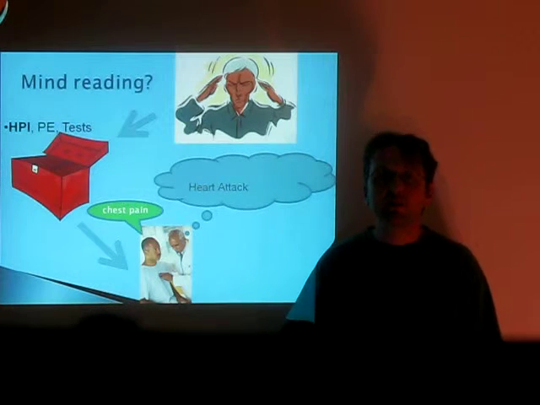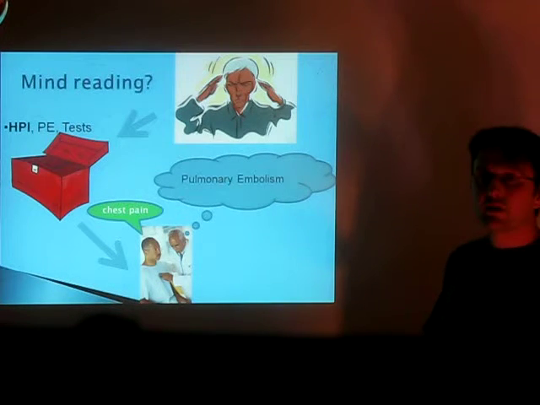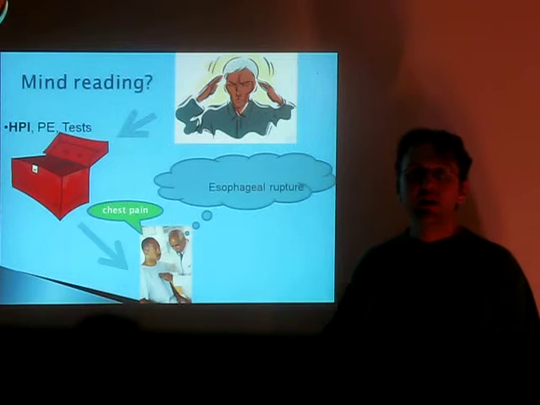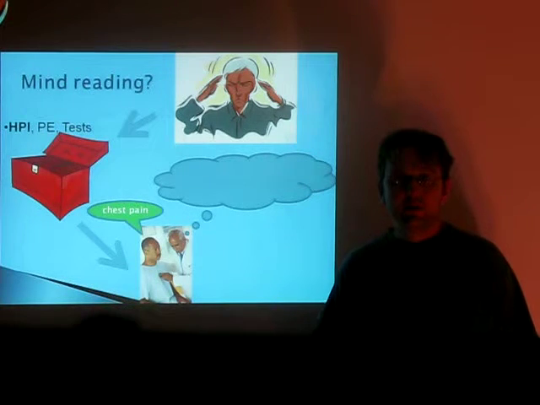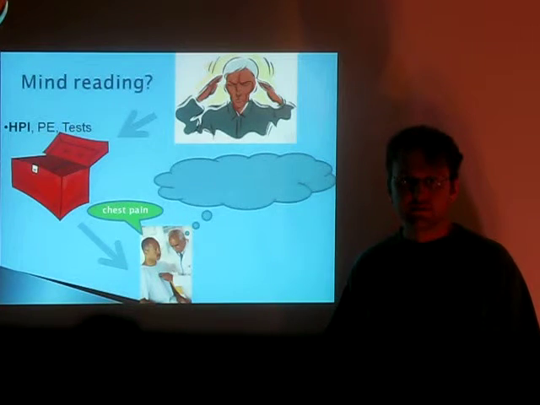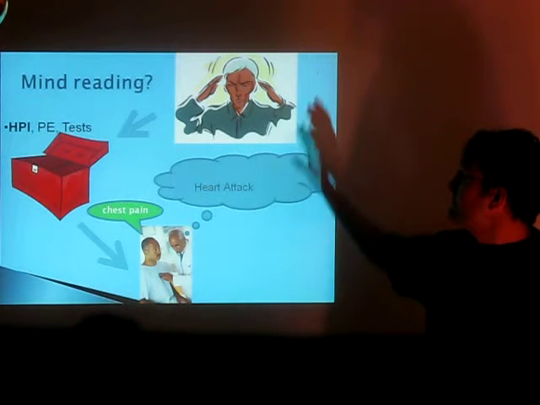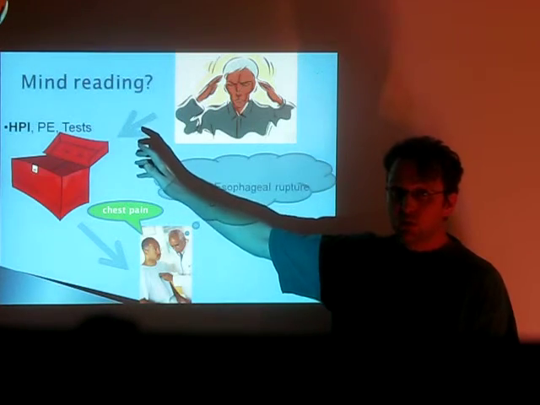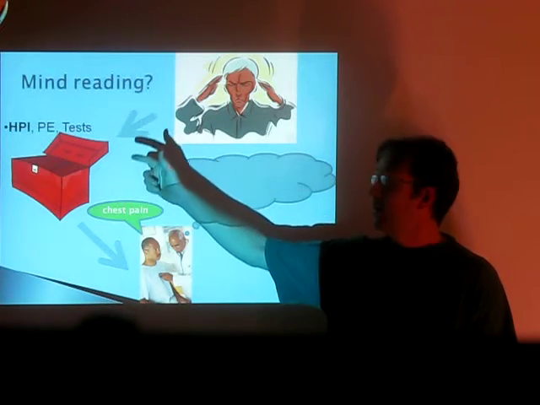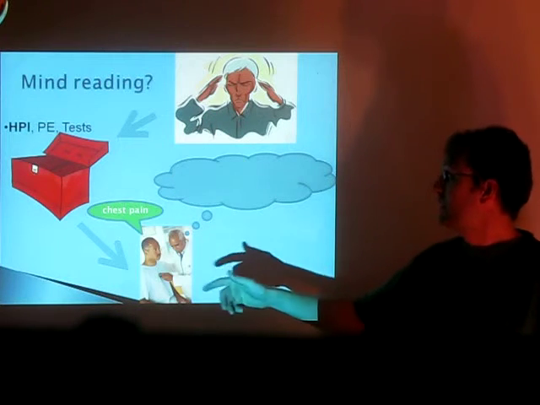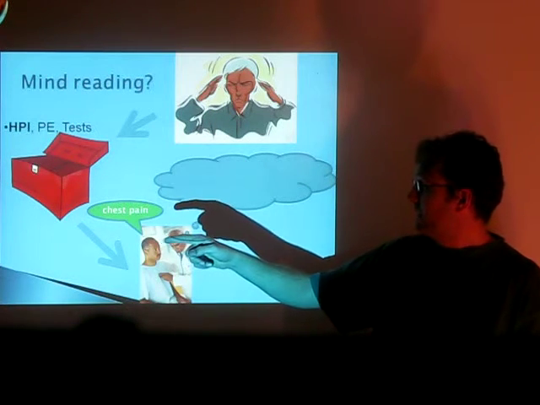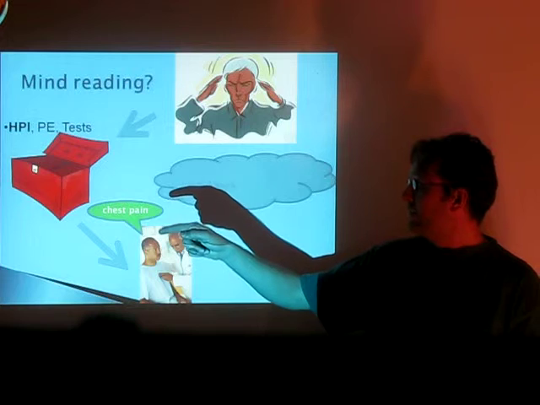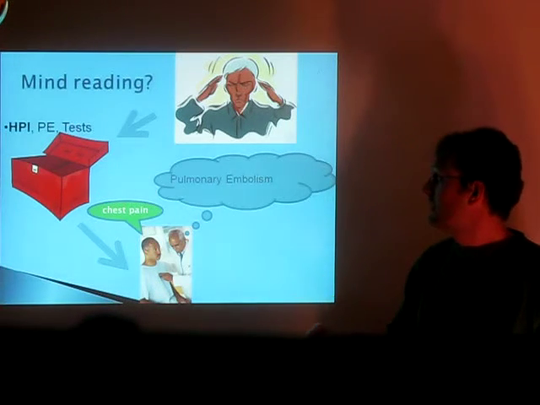Okay, so here's our patient from before, and I hope this works. It looks like it's working. Here's you watching how the doctor uses the tools of history, physical exam, and the tests to figure out the differential diagnosis for this patient who has chest pain.